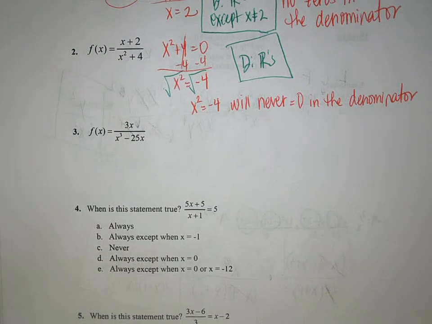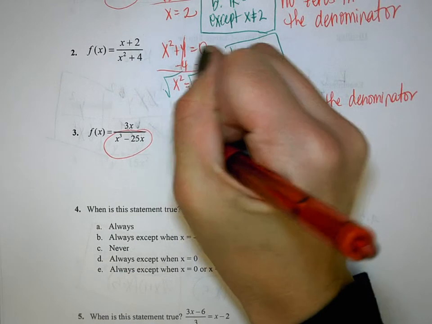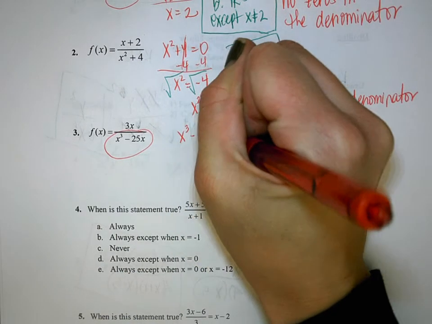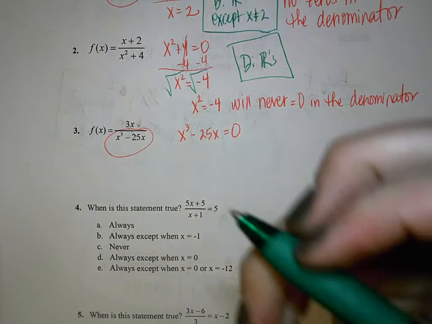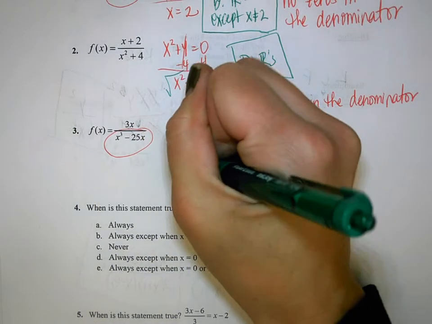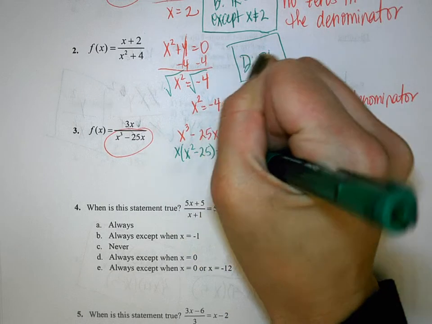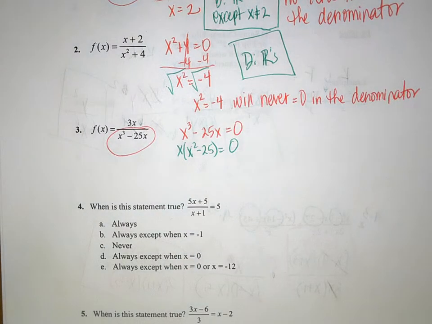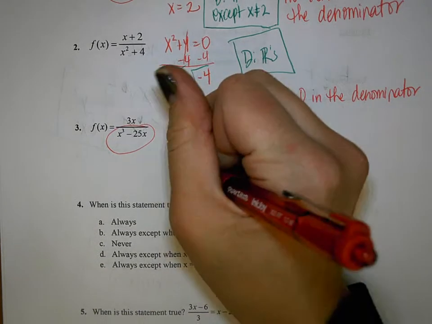So on example 3, we're doing the same thing again. We're taking this denominator, we're setting it equal to 0. x cubed minus 25x equals 0. Okay, the GCF is what? x, so we take out an x, and we have x squared minus 25. Can I factor that further? Difference of squares.